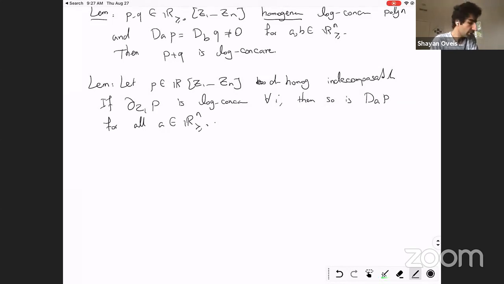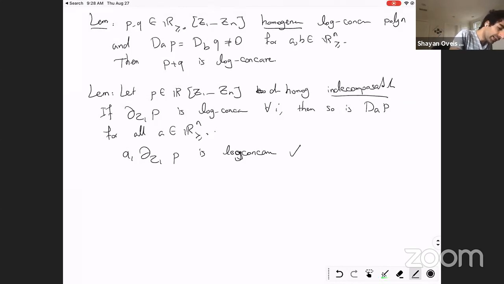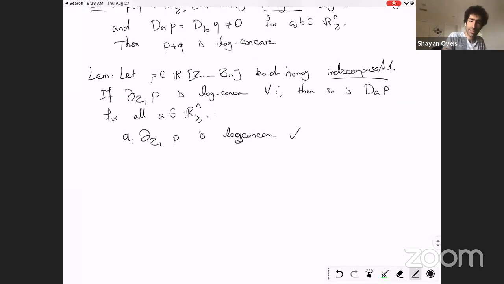This lemma immediately follows from the previous one. Let me quickly sketch the proof. The way you prove it is basically by induction. Let's fix this A. I know that A1 partial Z1 of P is log concave, by the assumption of the lemma. Now I want to use indecomposability. What does indecomposability say?